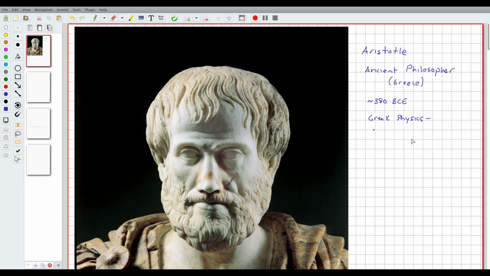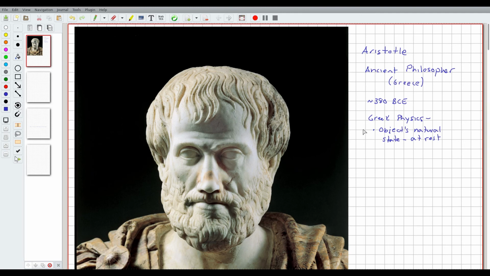Their view held that an object's natural state with respect to motion at least was at rest. Now, you may already know, or if you don't, you will discover that that's not true. There is no natural state to be at rest. An object that's moving will continue to move. An object that is at rest will continue to stay at rest unless acted upon by some sort of external force. That's one of Newton's laws. We'll talk about him momentarily.